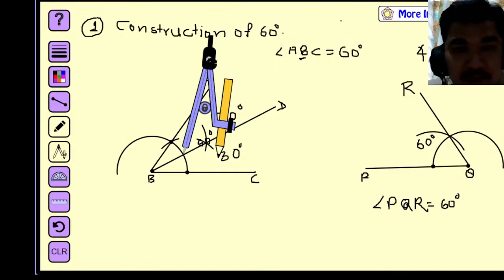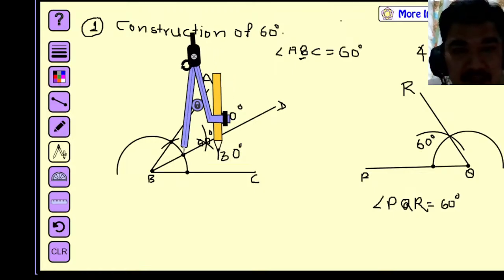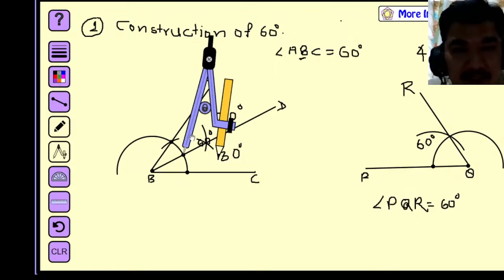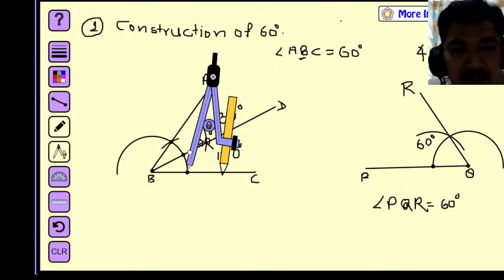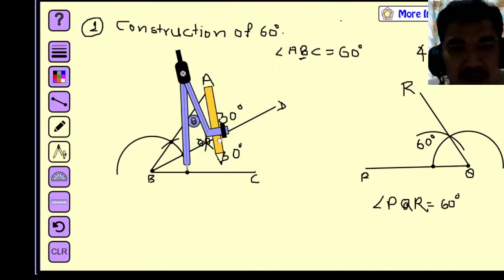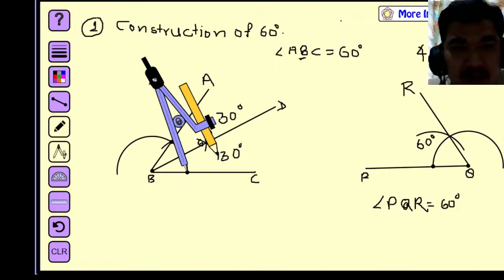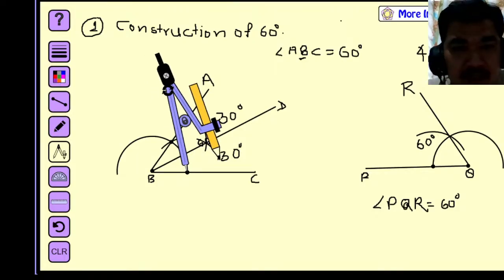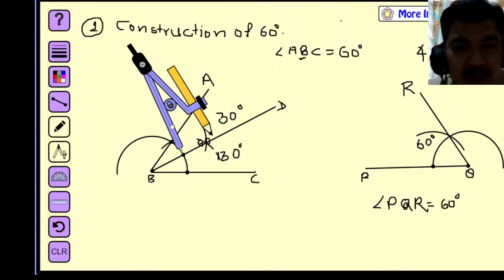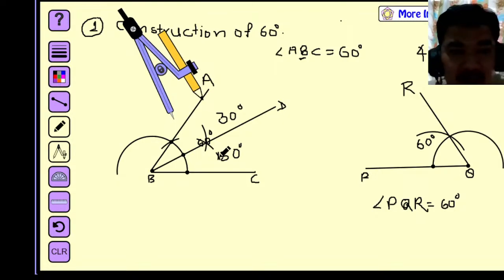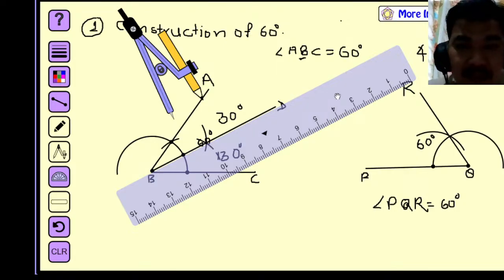From 30 degree and from 0, cut this side arc, this arc. Wherever you cut an arc like this, and wherever these two arcs intersect, that point will be, see here, children.